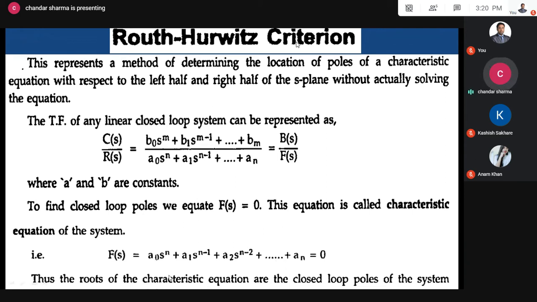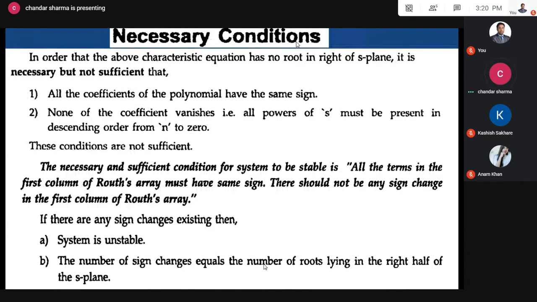ठीक है, तो a0 के बाद a1, a2 होना चाहिए और कोई भी coefficient की value zero नहीं होनी चाहिए. That is the necessary but not sufficient condition. There are two. One condition is that all the coefficients of the polynomial should have the same sign, and none of the coefficients should have zero value.